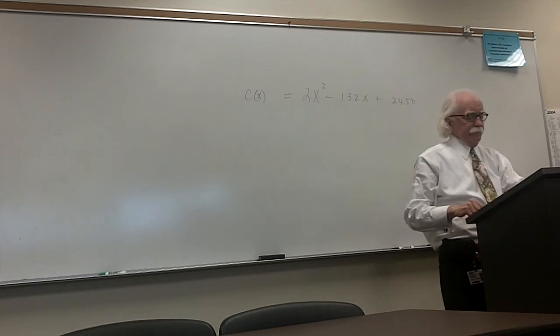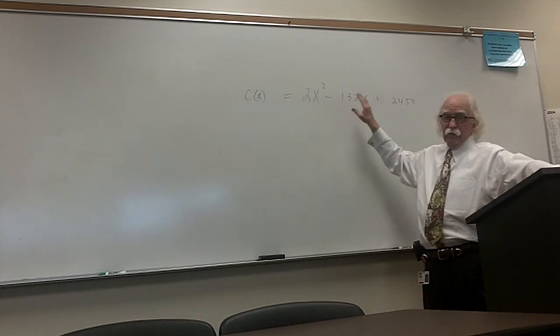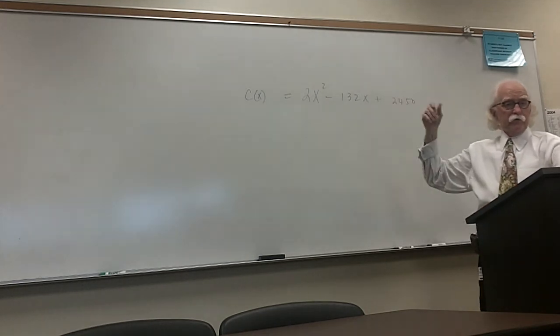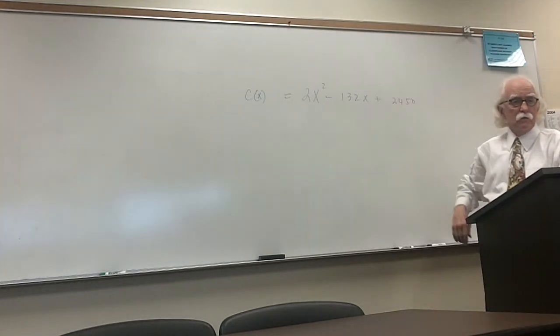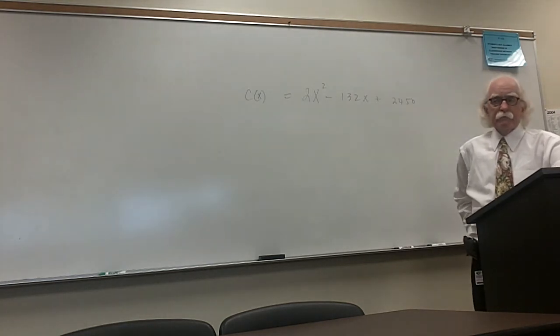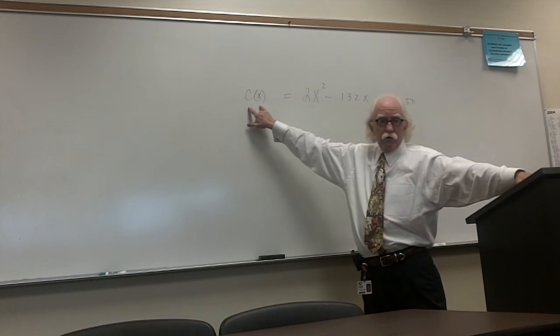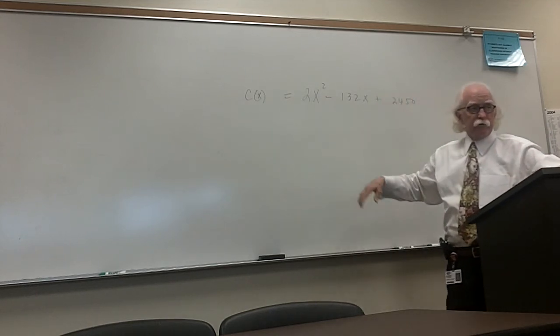And X being what? The number of machines you're taking care of. In other words, the number of machines you're running in your company. And this is the cost that you are looking at per machine.